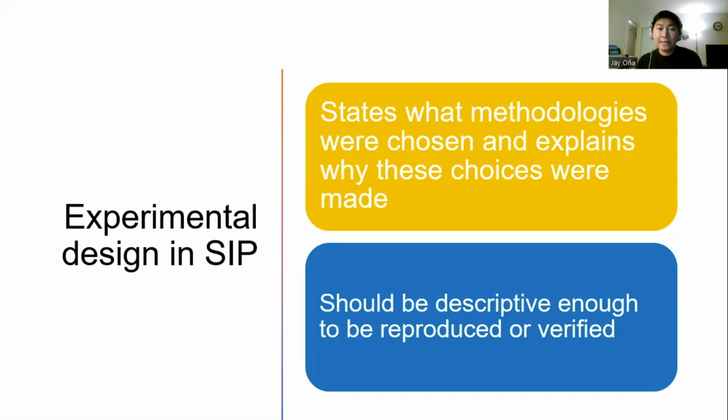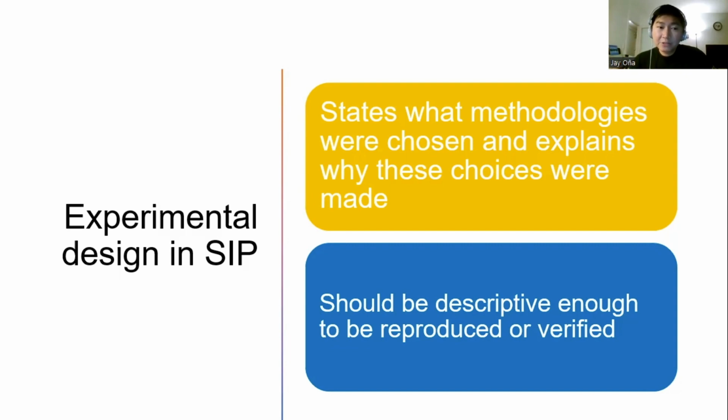So the experimental design in science investigatory projects, just like the one I showed, states why these methodologies were chosen and possibly explains why these choices were made. So kung there is a choice between one method over the other, pwedeng students can explicitly state this in the final research paper.